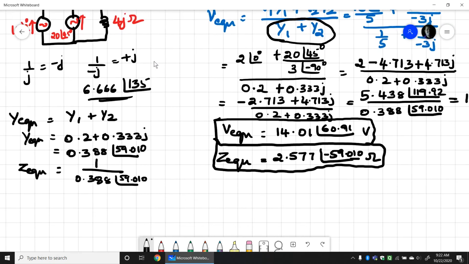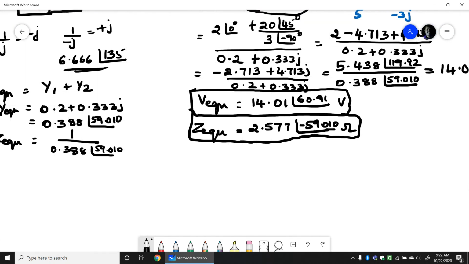So in Millman's theorem, we have found V equivalent and Z equivalent. Now our job is to write the Z equivalent and V equivalent circuit, and that will in turn be in parallel with the load.